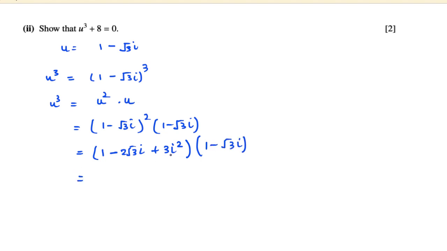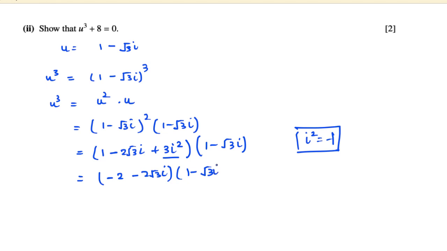Okay, now we know the value of i squared equals negative 1. If you substitute this value, we'll get negative 3 and this is 1, so negative 2 root 3 i, multiplied by 1 minus root 3 i. We multiply by 1 these two terms, then multiply by negative root 3 i these two terms.